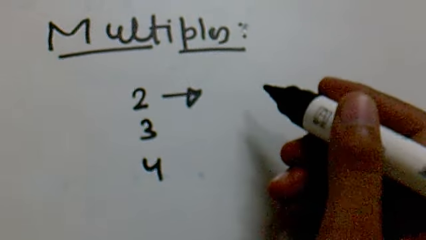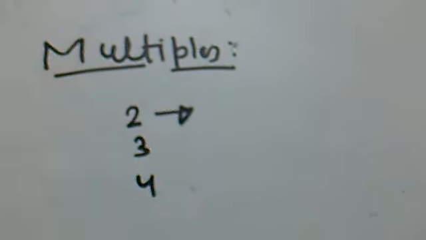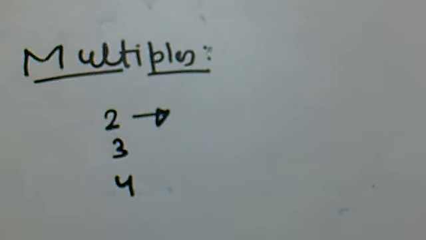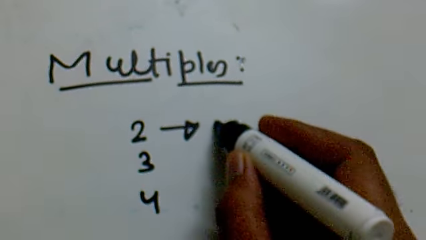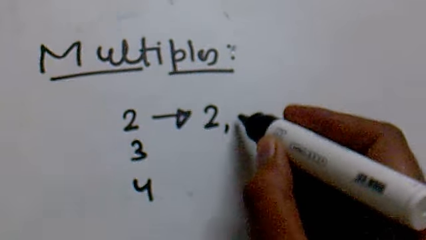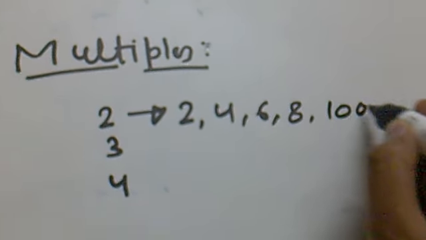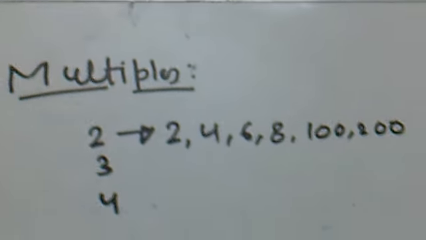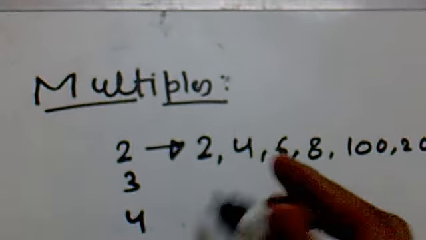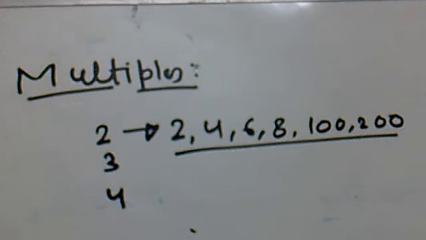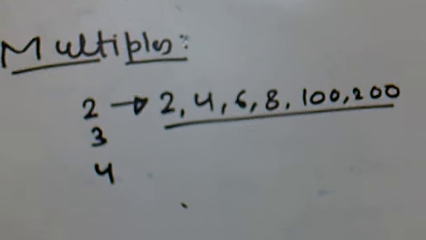So we can get some numbers which can be divided by 2 and the remainder is 0. It could be 2, 4, 6, 8, 100, 200, any number. All these numbers are multiples of 2.